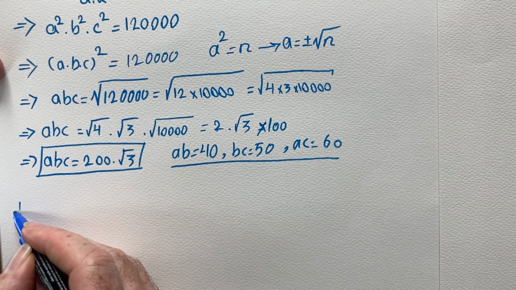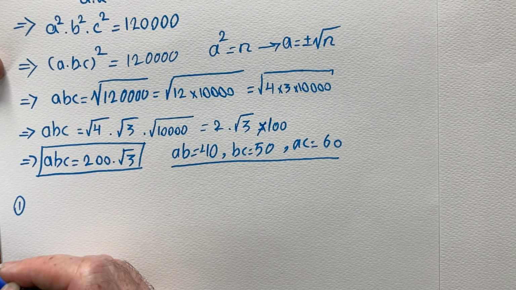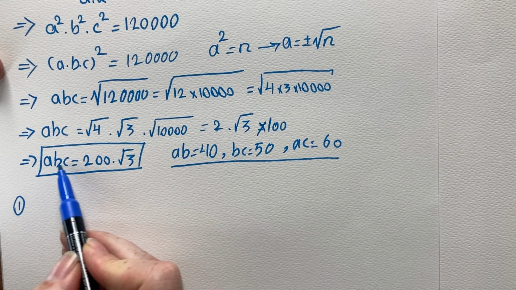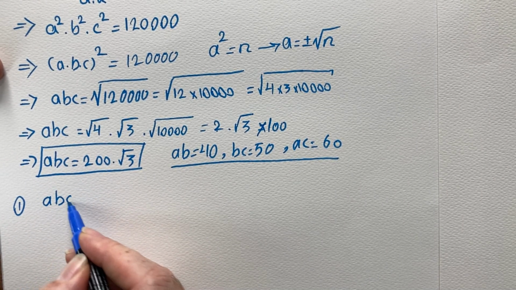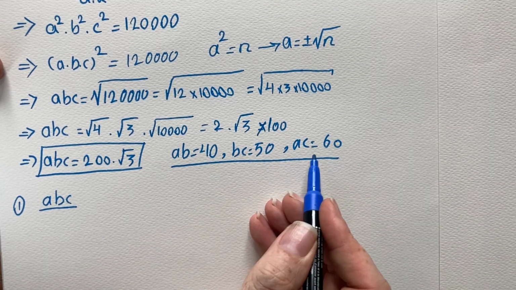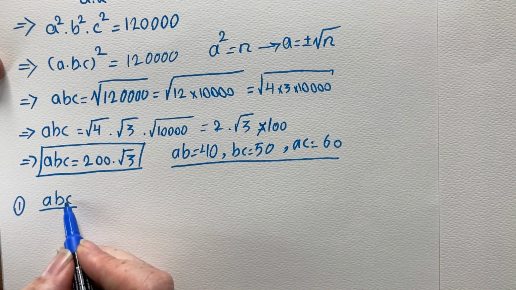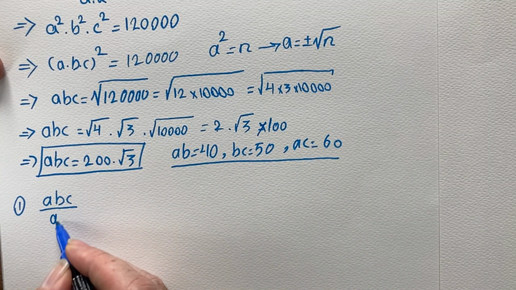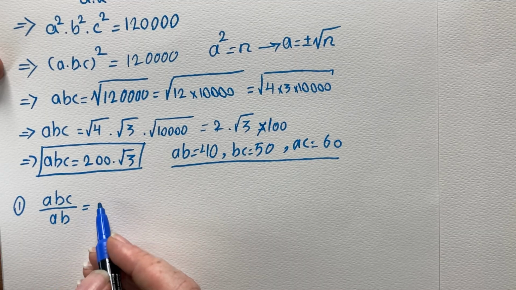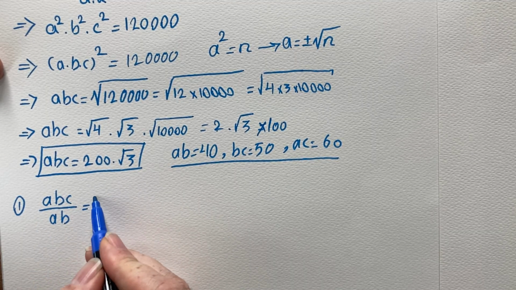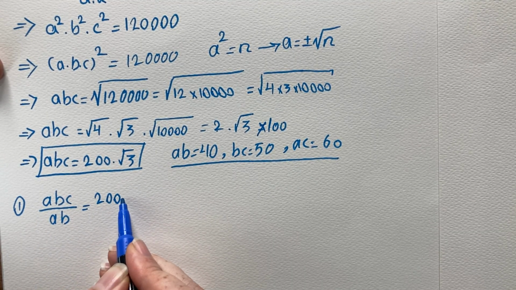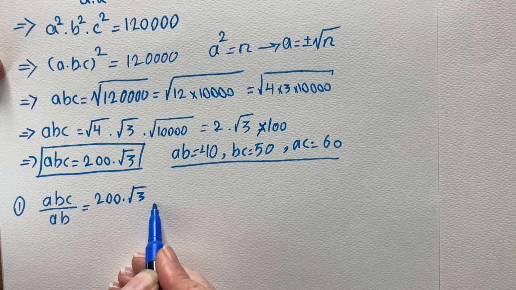How can we use them to find the value of A, B, and C separately? To find the value of A, B, and C, I'm going to divide A, B, C by these equations one by one. First, ABC divided by AB. Right hand side, the value of ABC is 200 times second root of 3.